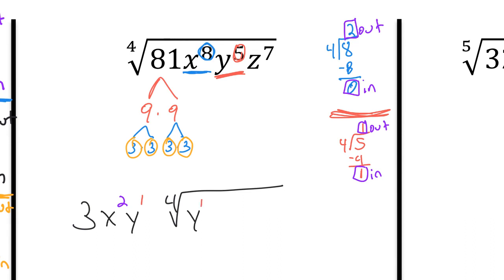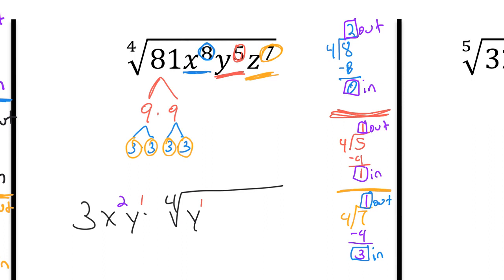And then you move on to the z's, and the exponent is 7. So 7 divided by 4. Well, 4 goes into 7 1 time. So that's 4, and the remainder is 3. So this one is inside, and this one is outside.